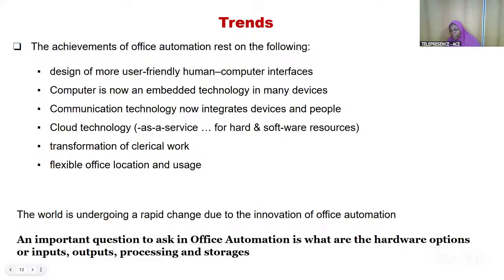If we have the office that has been transformed into this, what should be the choice of our hardware? What should be the choice of our software? What should be the choice of our input and output devices? What kind of processing and storage devices is going to be required to carry out our day-to-day office routines?